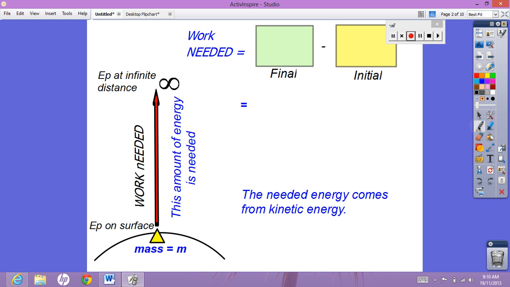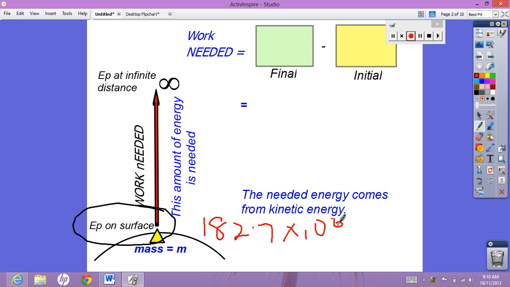That on the surface of a planet, we have a certain amount of EP. And in this case, it's negative 182.7 by 10 to the 6 joules.